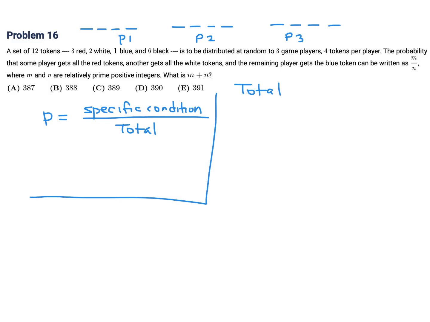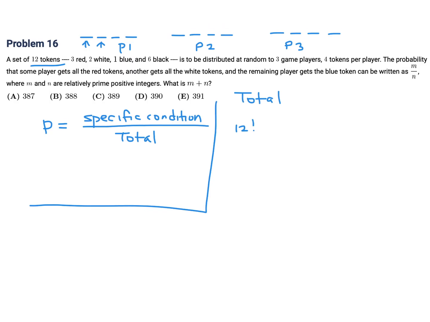So initially, there's 12 factorial ways of distributing those 12 tokens, right? You have 12 choices for that guy, and then 11 choices for that guy, and 10 choices for the next one, and so on. But that overcounts tremendously because we have to divide by the overcount.